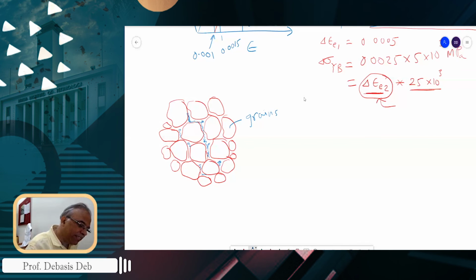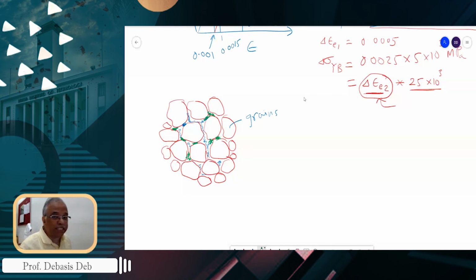And then they have some bonding in between. I use some other color. They may have some bonding. And you know what this bonding is? The bonding is with calcium carbonate, magnesium oxides, those kinds of things.